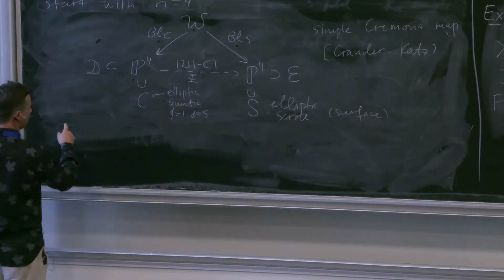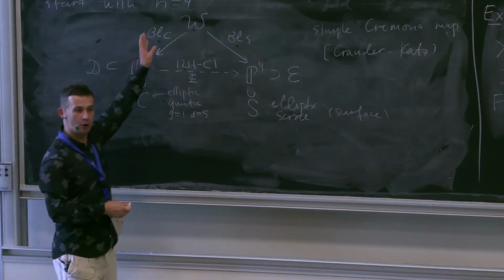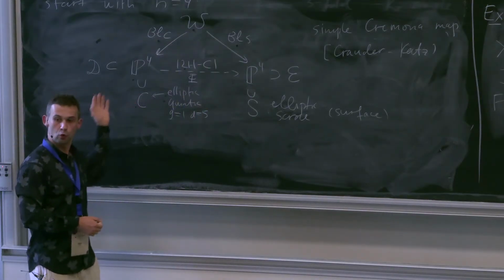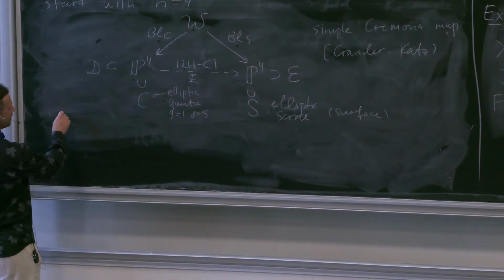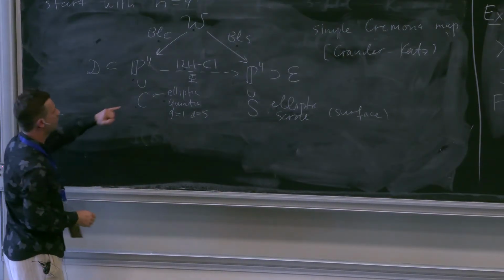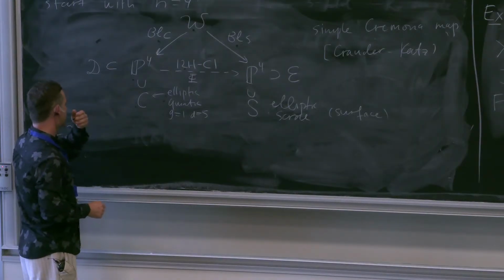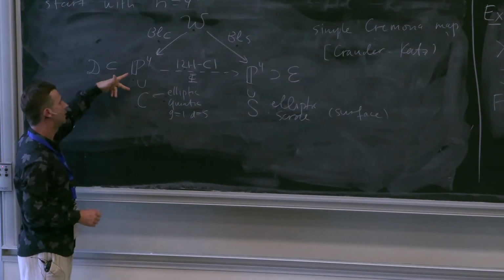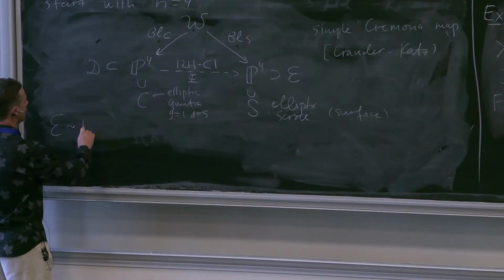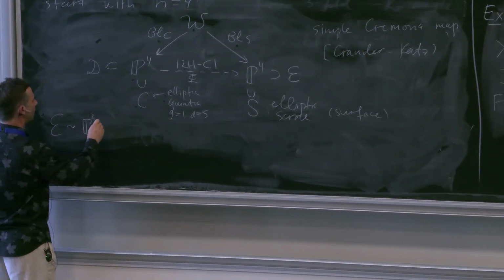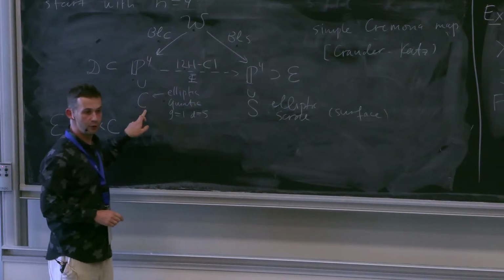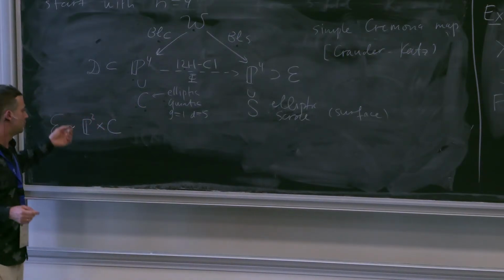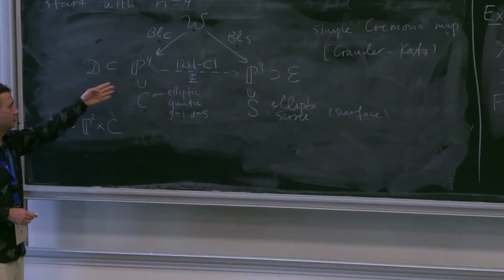OK, so let's see. So basically, in this situation, when I do one blow-up and one blow-down, exceptional divisors are ruled over the corresponding centers. So we can start with E. And because E was codimension 3 in P4, I end up with a P2 bundle over my center C. Right, so this is because E is created by blowing up this curve, and this is the exceptional divisor when I blow up this curve, and that's the threefold sitting in the fourfold.